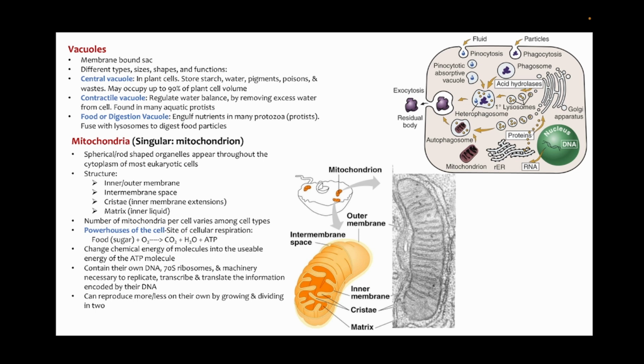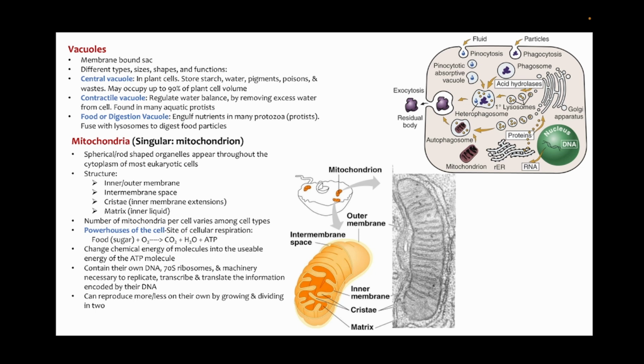Then you also have the contractile vacuole. This is usually in protists or protozoa, aquatic. So when you see the term aquatic, it has something to do with the floating mechanism, whether the protozoa can sink or float. They can control the density of the cells by controlling the vacuole.